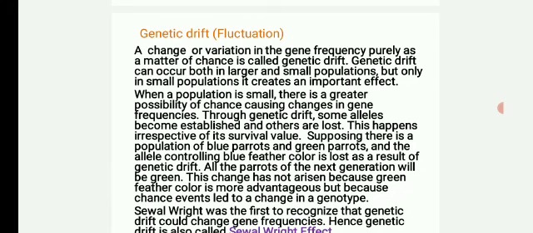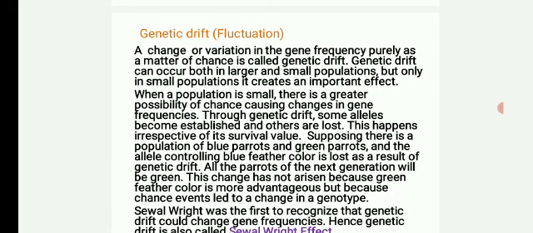Next, third evolutionary force, genetic drift or fluctuation. A change or variation in the gene frequency purely as a matter of chance is called genetic drift. Genetic drift can occur both in larger and small populations, but only in small populations does it create an important effect.